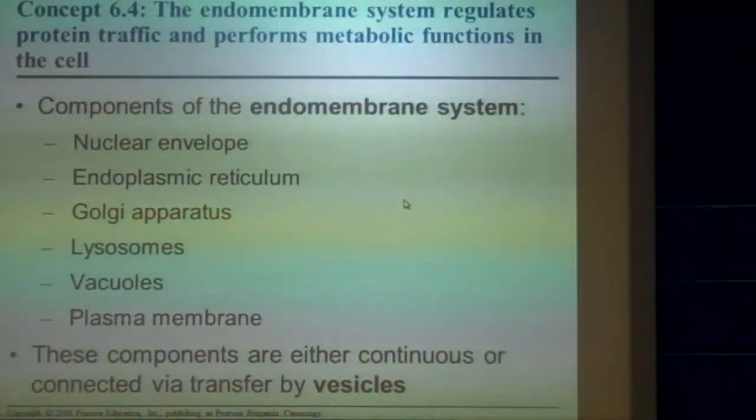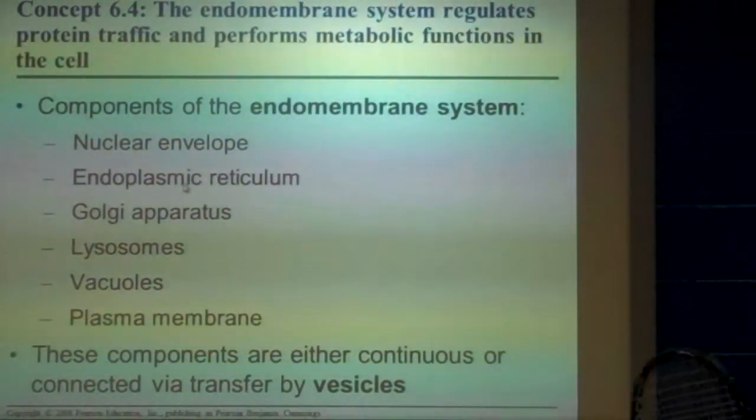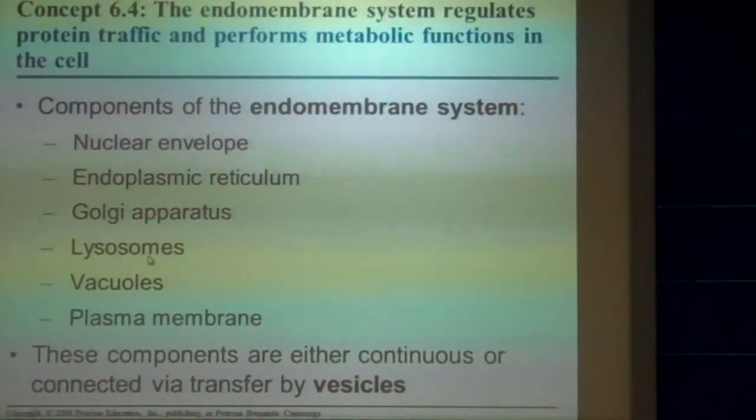You need to know for sure the parts of the endomembrane system. So what is and what is not part of the endomembrane system? Begin with your nuclear envelope. Then, if you work your way out, you have your ER. After that, you have Golgi. Then you have lysosomes. What do they contain?